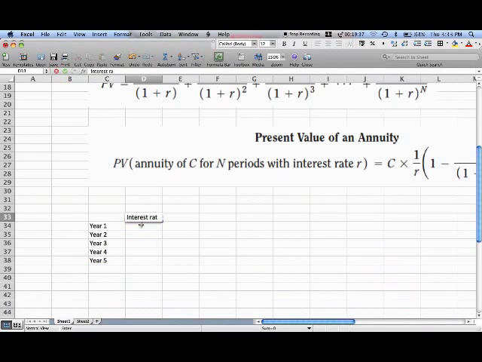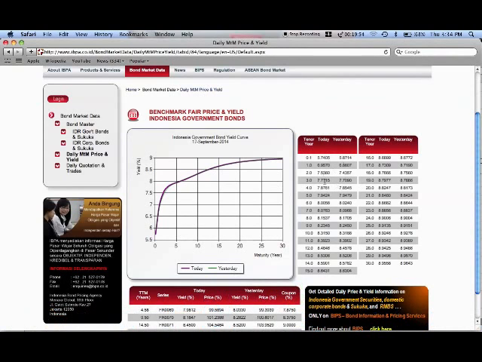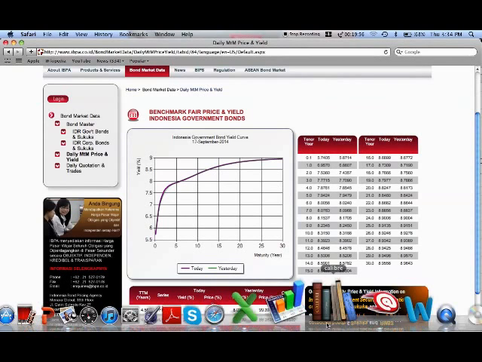The interest rate you have here is 6.9570, and then you have 7.5360.